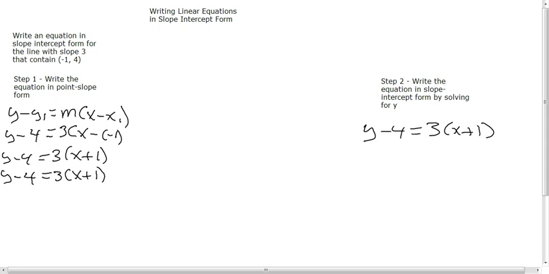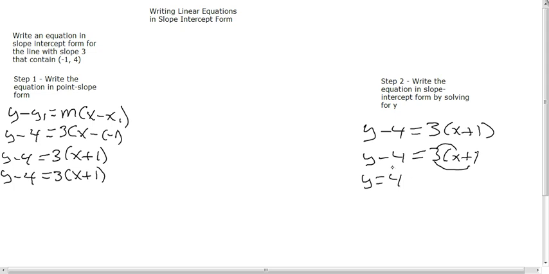So what we're going to do now is we're going to work on the right side with distributive property. When we look inside the parentheses, x and 1 are unlike terms, so we cannot add those. It will not become 2x. It will not become 1 times x. Let's go ahead and rewrite it so you can see exactly what I'm doing. That's going to be 3 times x plus 1, and we're going to distribute the 3 to both x and 1. That's going to give us y is equal to 4.